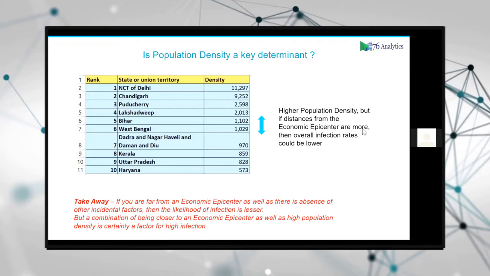So though their population densities are higher, they have not recorded as high a number of infections. If there is an absence of other incidental factors, then the likelihood of infection is more. But a combination of being closer to an economic epicenter as well as a high population density can become a region for a high number of infections.